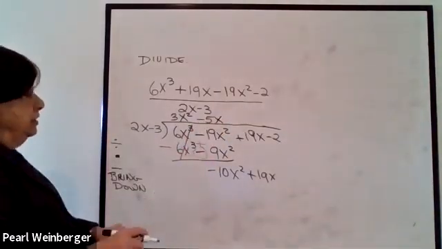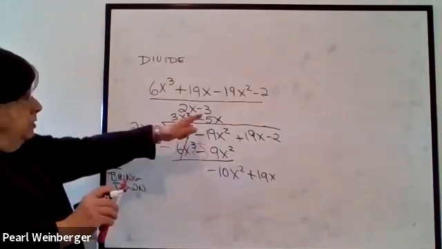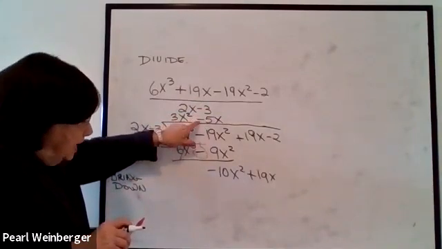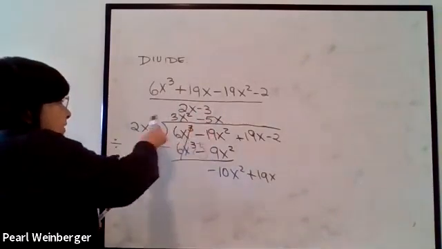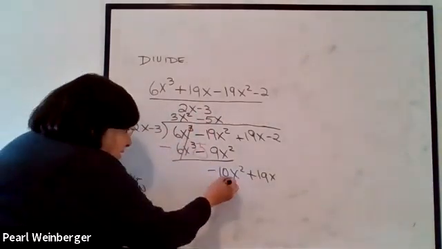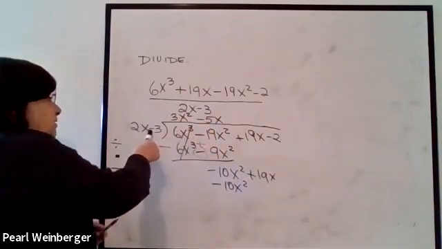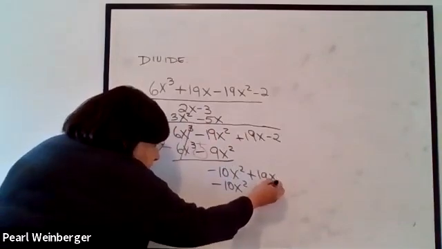So what I put on top just now was a negative 5x. What I multiply by what I just put on top, which is the negative 5x. Don't forget that negative. So negative 5x times 2x is negative 10x squared. And negative 5x times negative 3 is positive 15x.